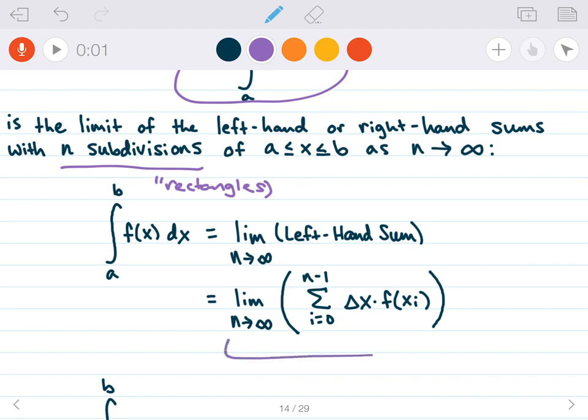And basically what this is saying, for the left-hand sum, n is going to infinity. So the number of rectangles is approaching infinity, and we're just adding up the areas of all of those rectangles, using the height at the left endpoint for each of them. That's what this definition says.